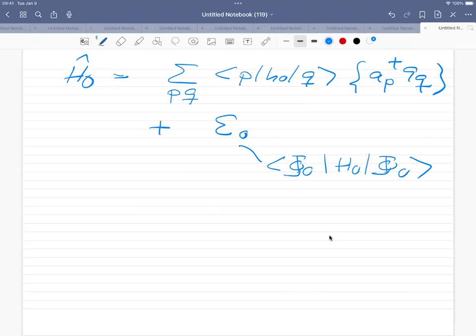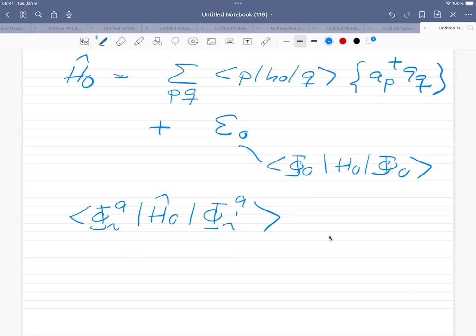So one thing which we will start with next week is to calculate, for instance, this expectation value here. This is the last thing I will set up now. And one reason why this is convenient compared to what we had previously is that these operators are now normal ordered with respect to a new reference state.